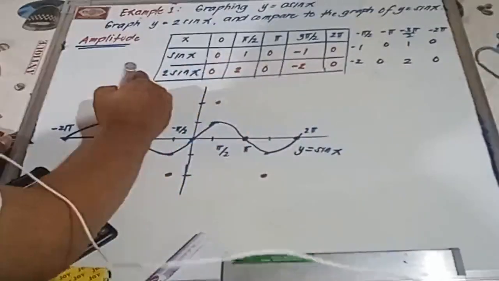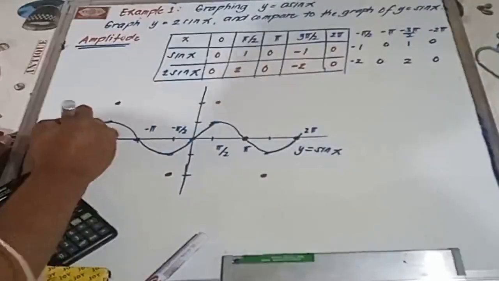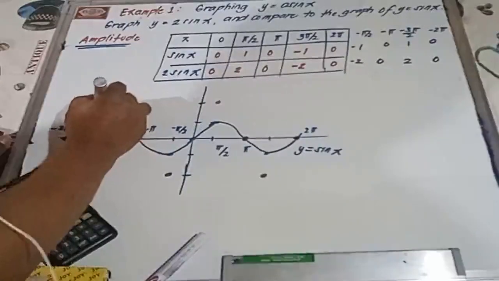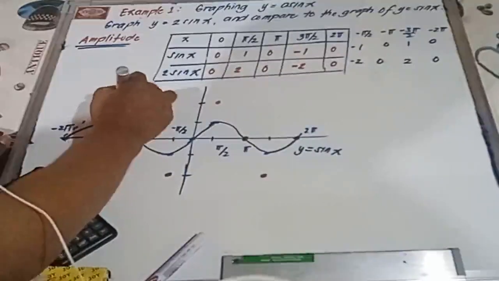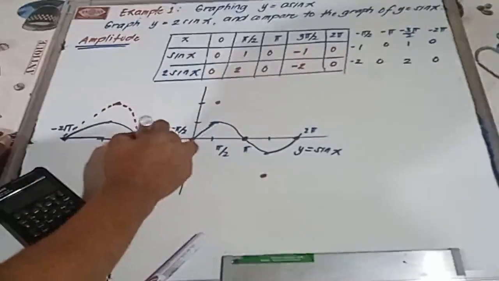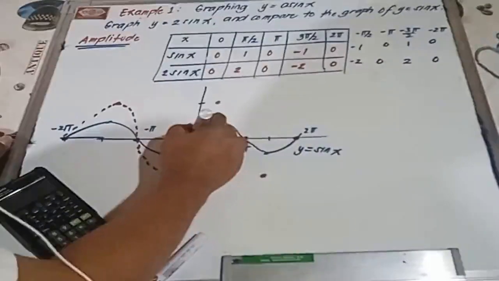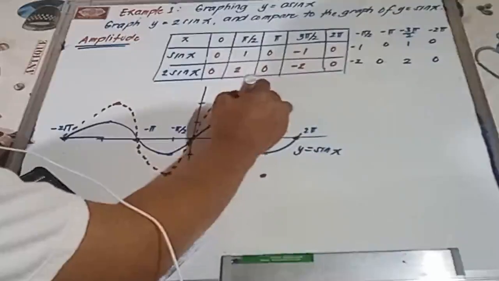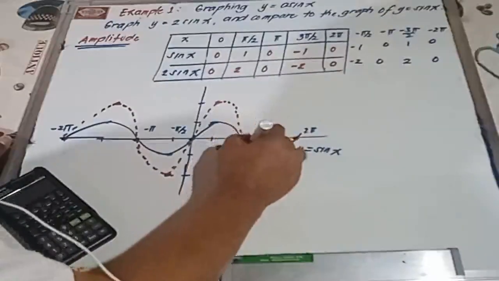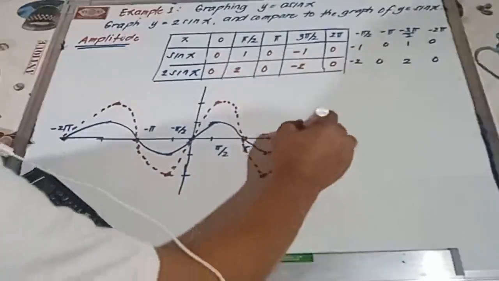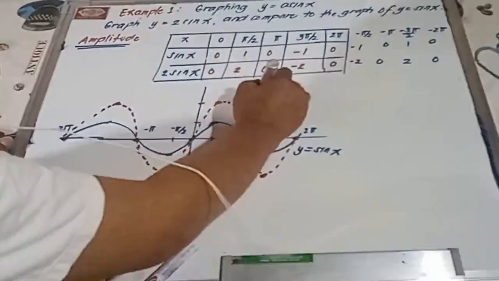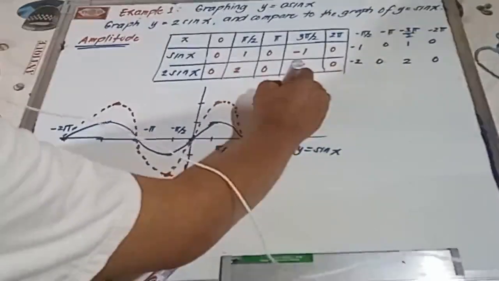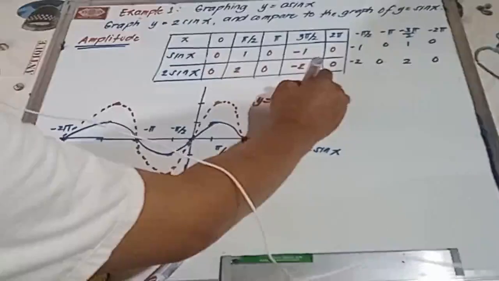Then positive 2. Then 0. So this is the graph of y equals 2 sine x.